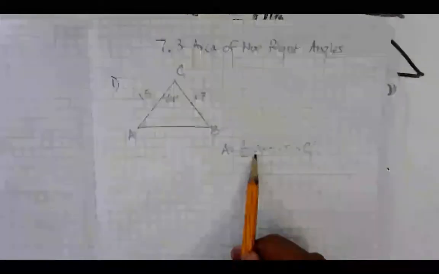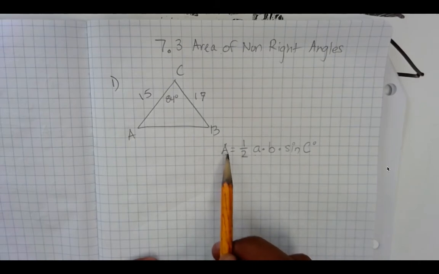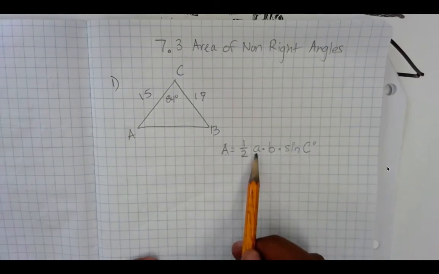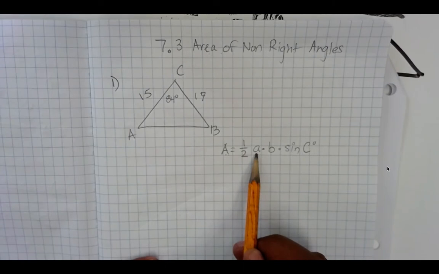What does the little a represent? The big A represents area, but what's the little a? It's the side. Does anybody know which side is a? Not 15.